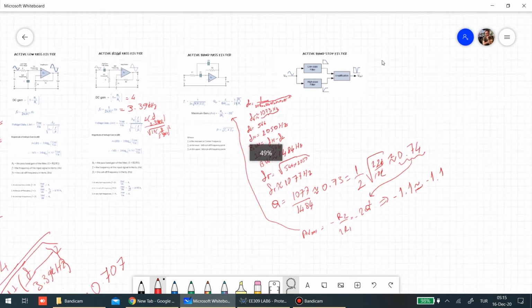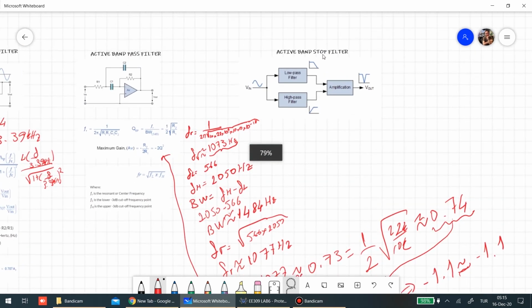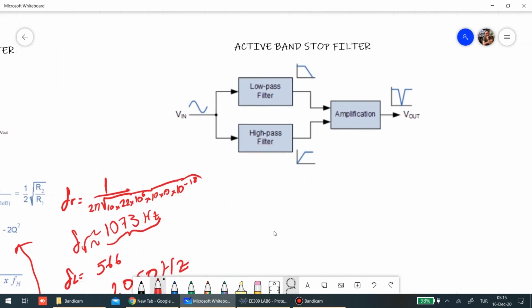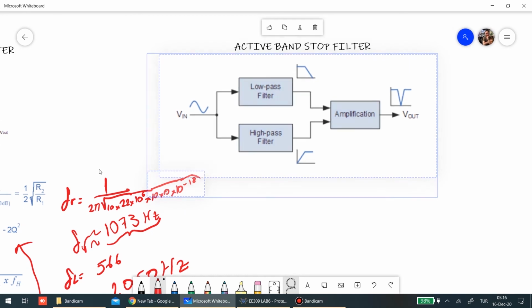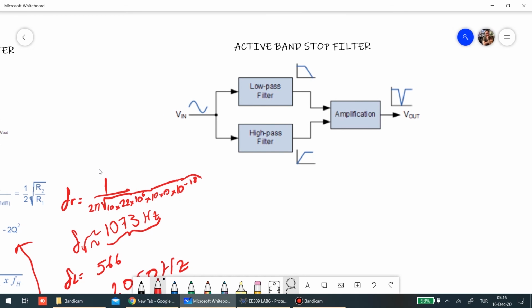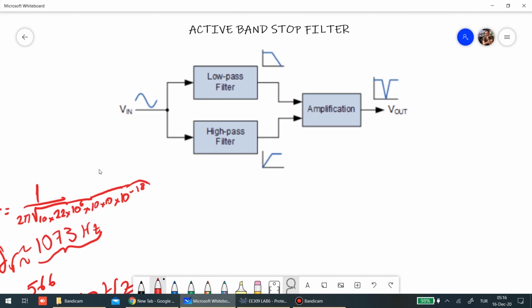Okay, what about the active bandstop filter? This is nothing more than the summation of the low pass filter and the high pass filter. We will just add two different filters separately and we will get this output.